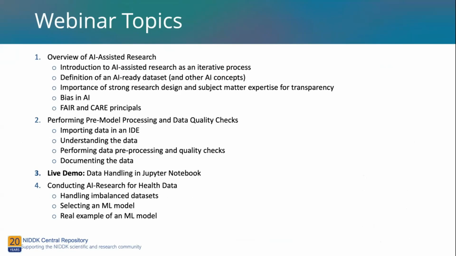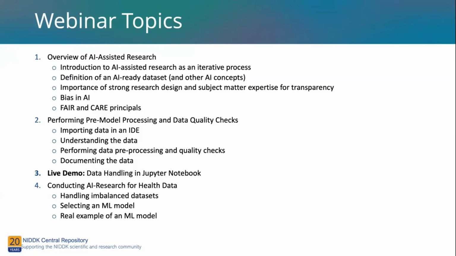This includes what constitutes an AI-ready data set and how AI-assisted research is an iterative process. We'll also cover some common AI concepts and their applications. And we'll talk about the importance of a strong research design and subject matter expertise to ensure transparency in research. And we'll also cover the biases that exist in AI, especially in the context of minority health. And finally, the importance of FAIR and CARE principles in research.